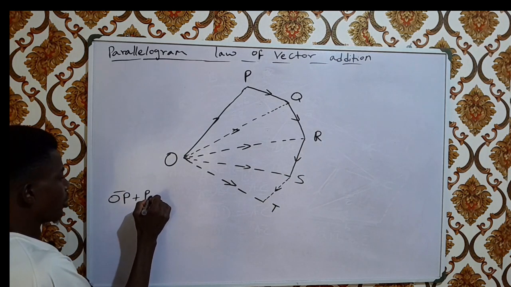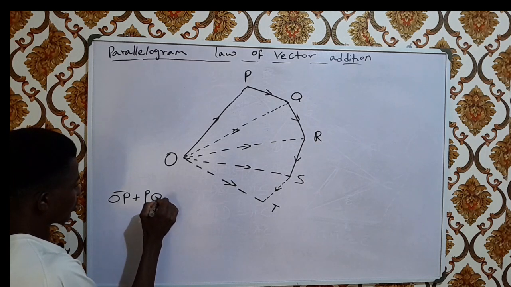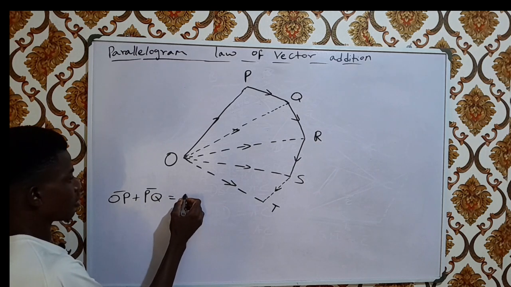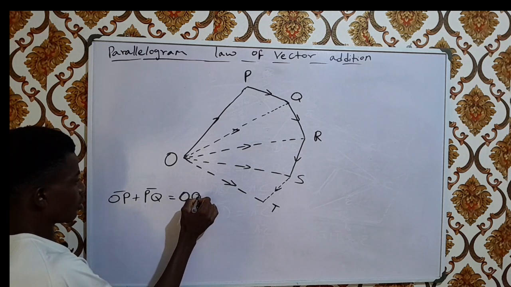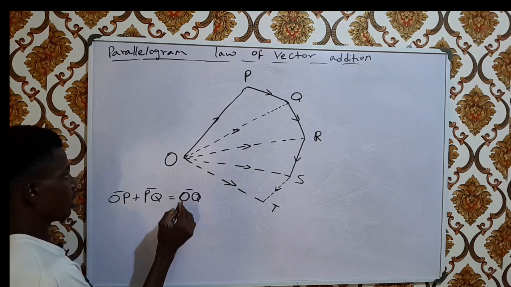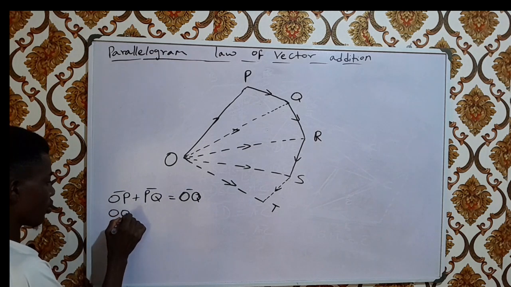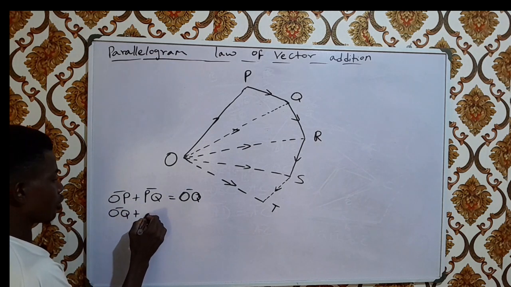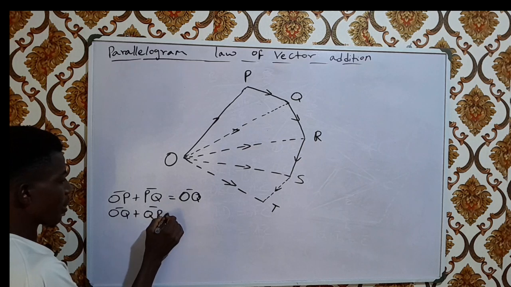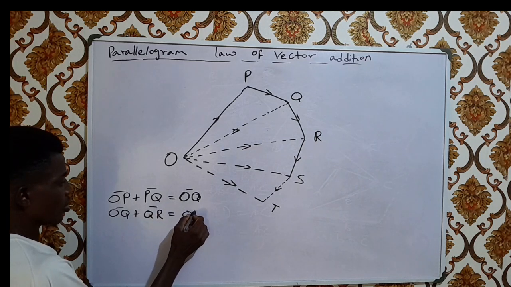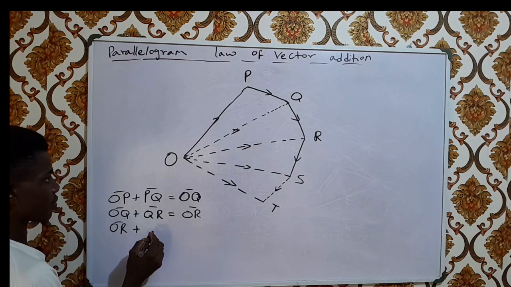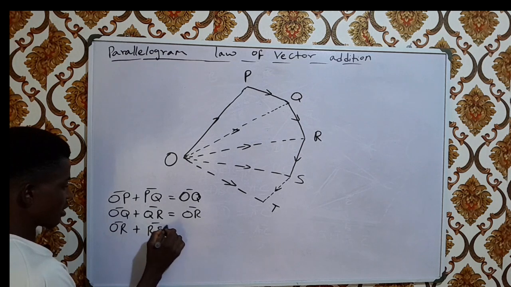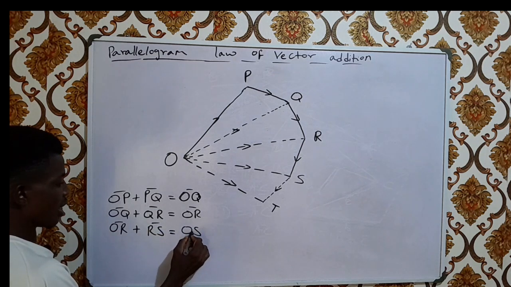That is, we can now say that OP plus PQ is equal to OQ. Now, OQ plus QR is equal to OR. OR plus RS is equal to OS.